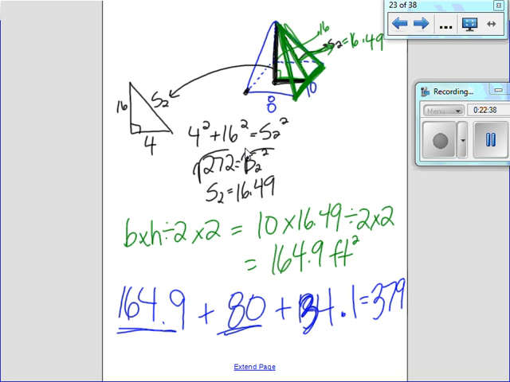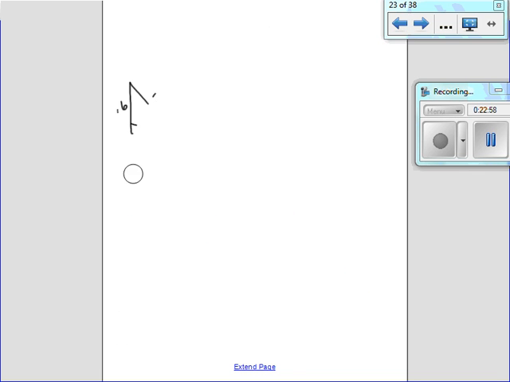So what I want you to do is for the formula at the bottom of this page, there isn't one that's going to work for all of them. So write on there: find the area of the base.